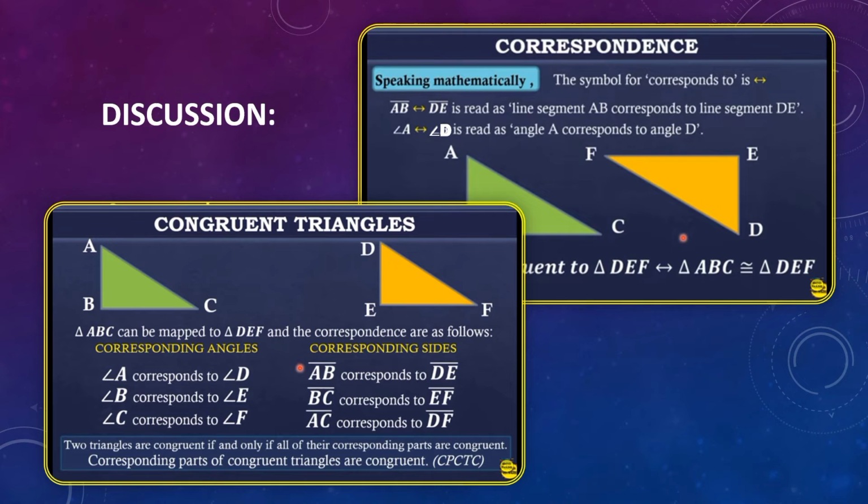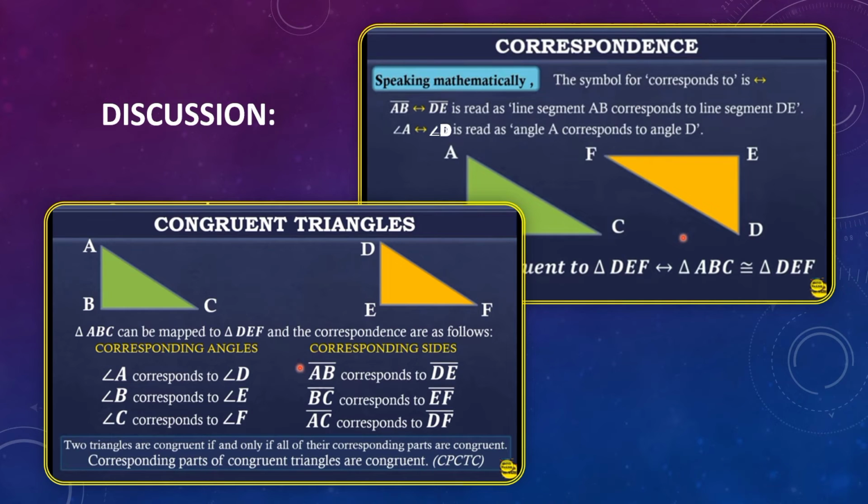Angle B corresponds to angle E. Angle C corresponds to angle F. Corresponding sides. Line segment AB corresponds to line segment DE. Side BC corresponds to side EF. Side AC corresponds to side DF.